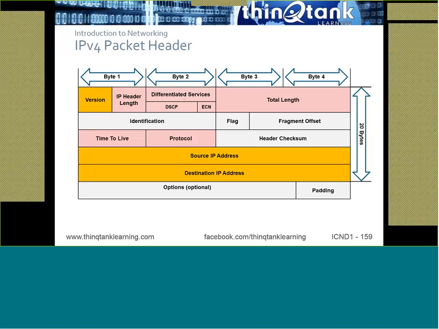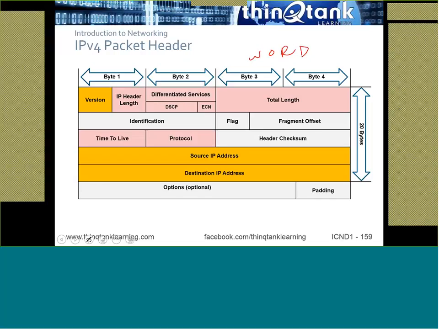The total length field is a 16-bit field, which is, by the way, called a word. A byte is 8 bits, 16 bits is a word, and 4 bits is a nibble. All right? What is the total length field? Basically, it tells me how much information is being carried inside of IP.